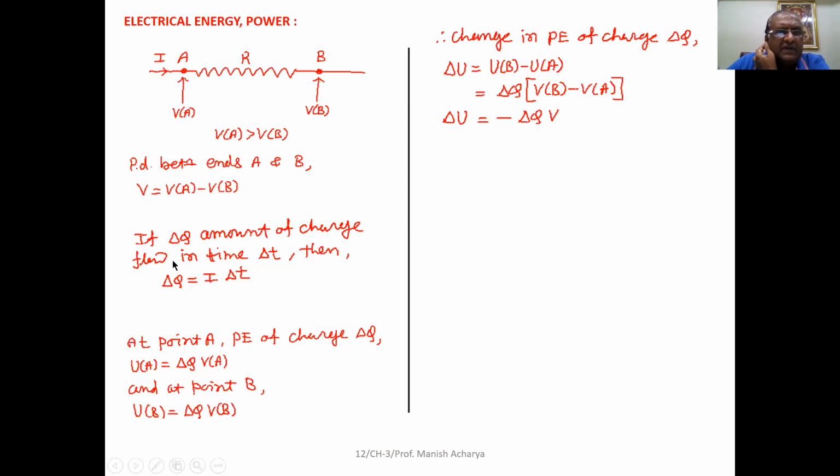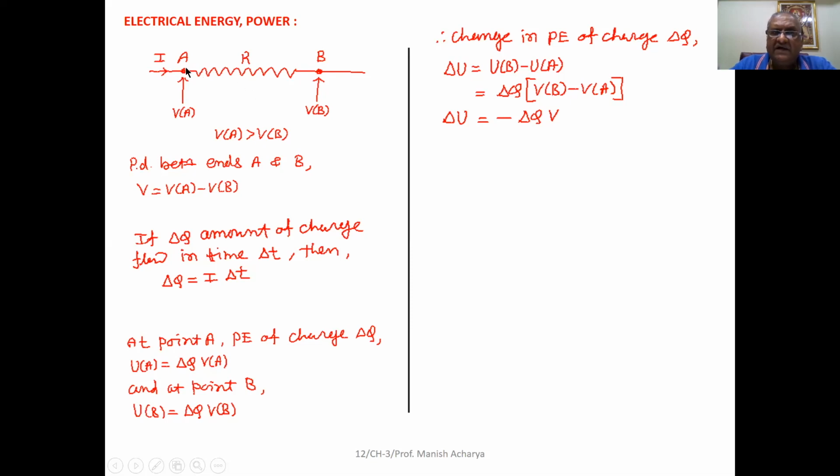Now suppose delta Q amount of charge is flowing in time delta T, which constitutes this current I, then we can write delta Q is I into delta T. Now, when this delta Q amount of charge is at terminal A, where the potential is VA, then we can say the potential energy of charge delta Q at terminal A, that is U at A equal to delta Q into VA.